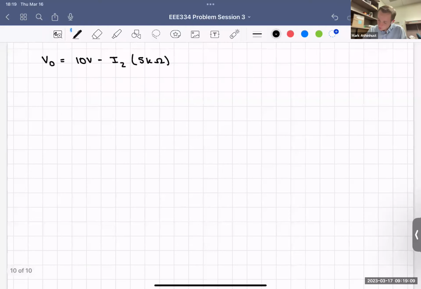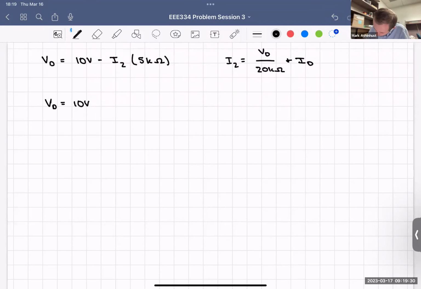But we know what I2 is now: I2 is equal to VD over 20K plus ID. Now we can put that into VD.